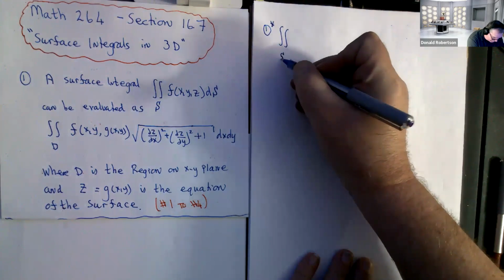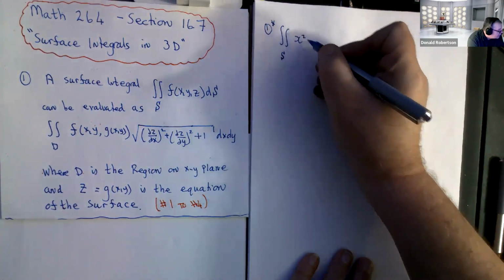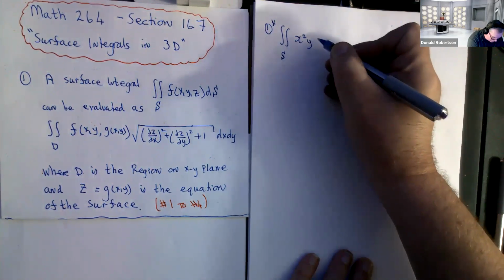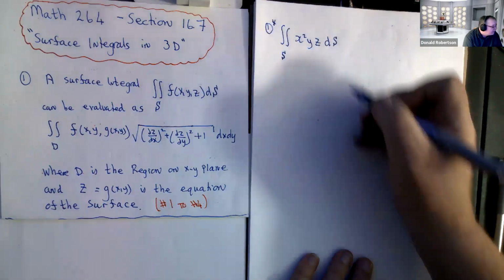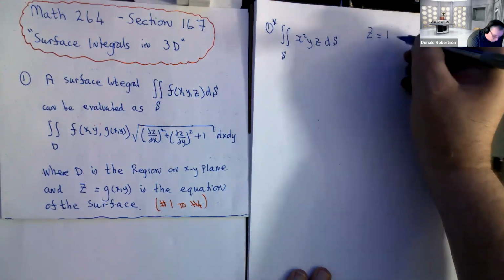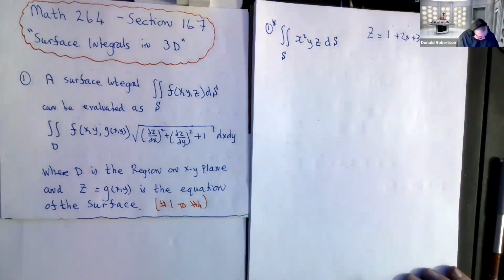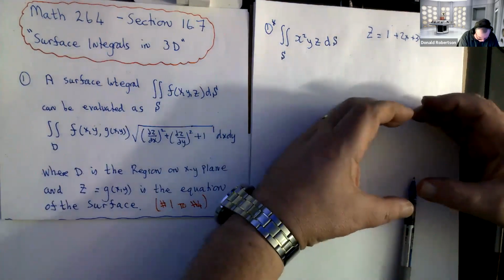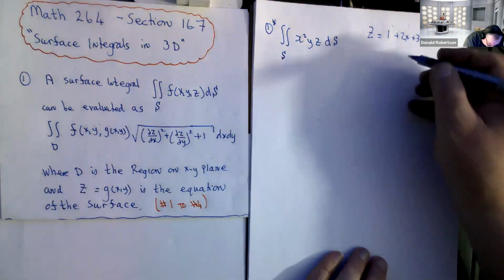The surface integral we're being asked to calculate is this one. And the information that we've been given is that the surface is the plane 1 plus 2x plus 3y. And the region D is the part of this surface that's on the floor that's being projected up, and that's what we are essentially looking at.